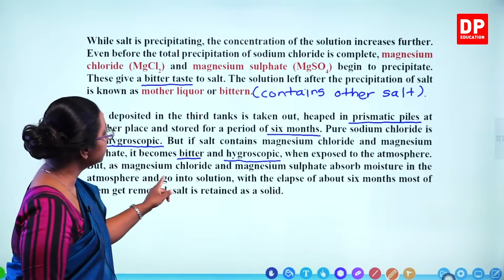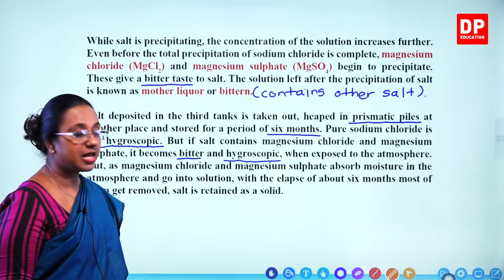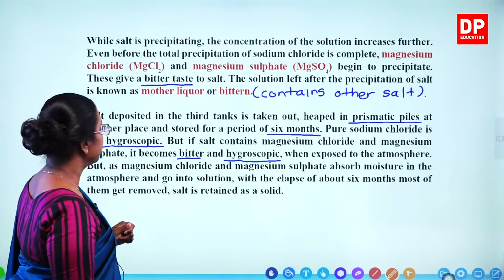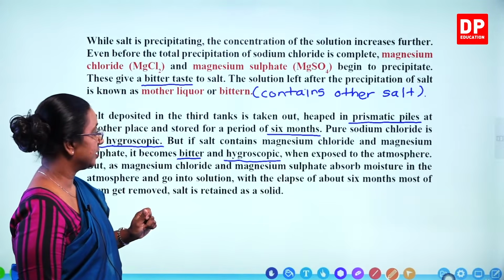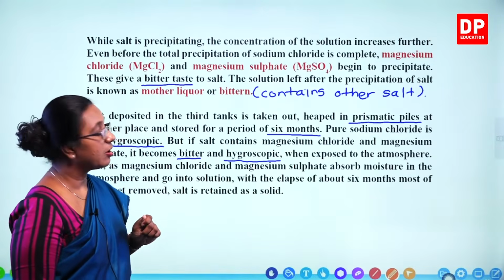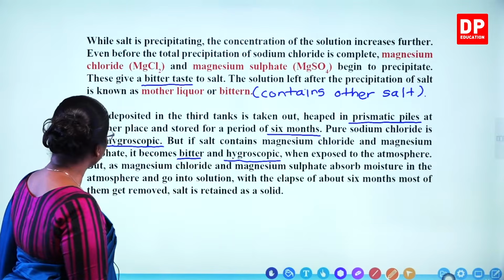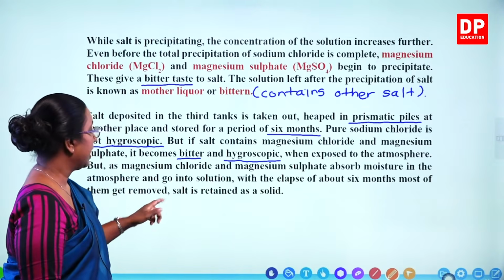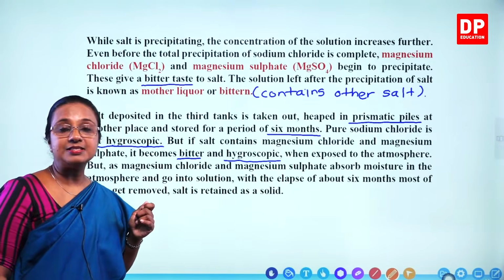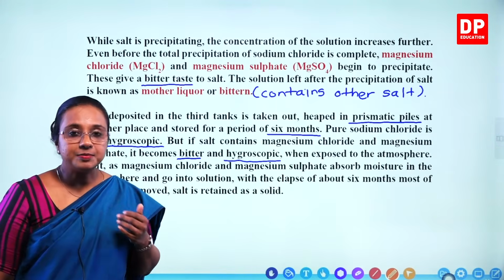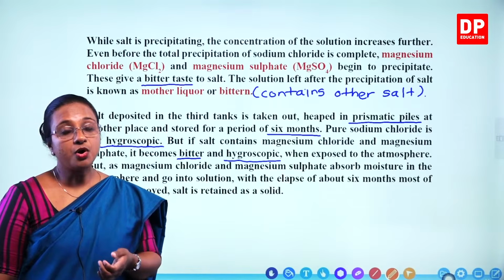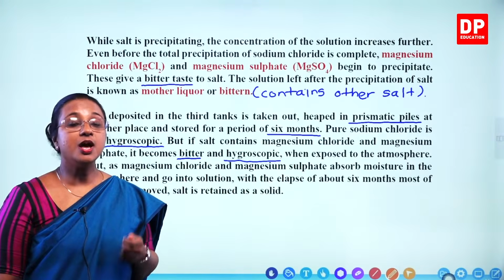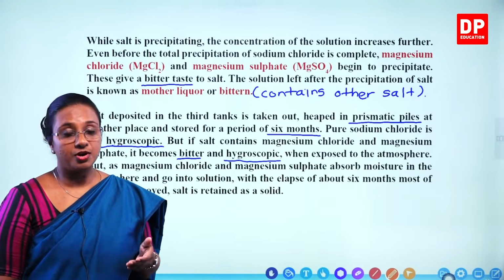But as magnesium chloride and magnesium sulfate absorb moisture in the atmosphere and go into solution, with the elapse of about 6 months, most of them get removed and salt is retained as solid. That is a procedure used to obtain pure form of salt, that is sodium chloride or good quality salt.